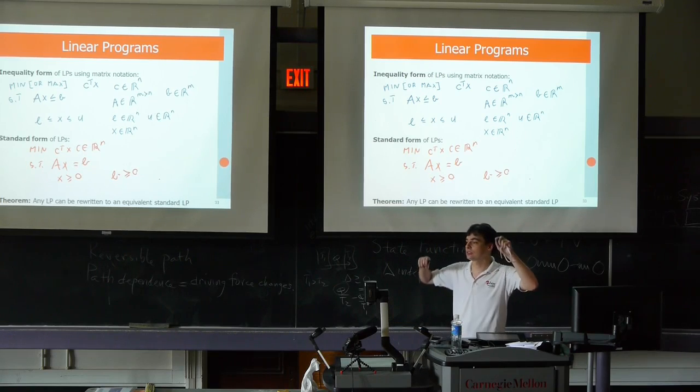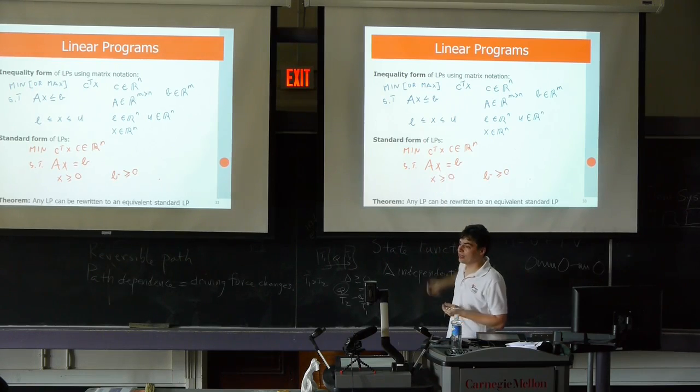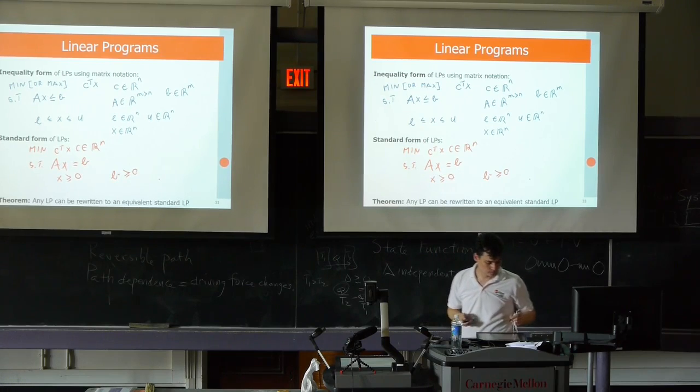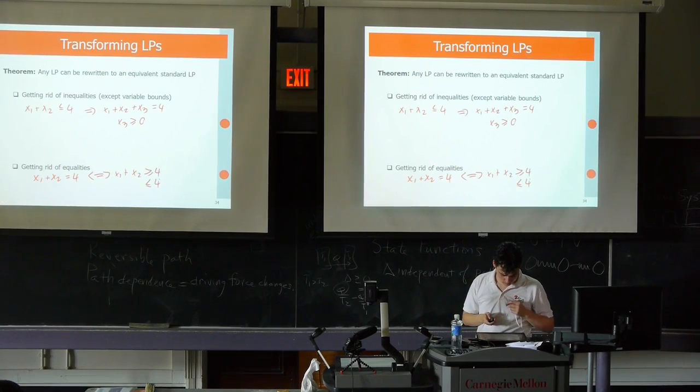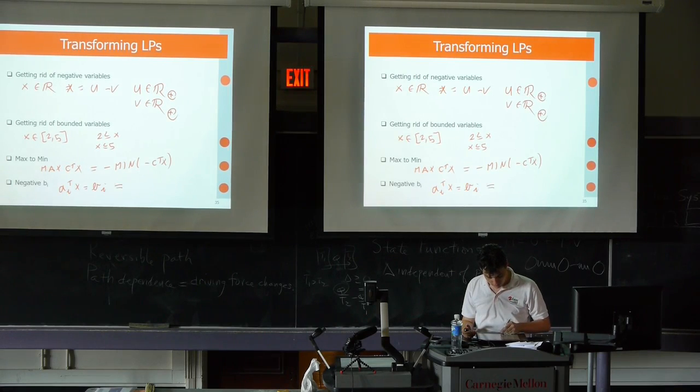Yeah, so I just multiply that row of matrix A by -1. I rewrite the whole thing to equations, and then I can just multiply both sides by -1 in that row. So a_i transpose x is b_i if and only if minus a_i transpose x is minus b_i.